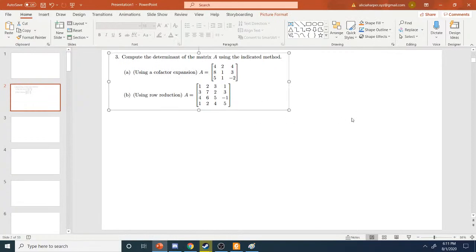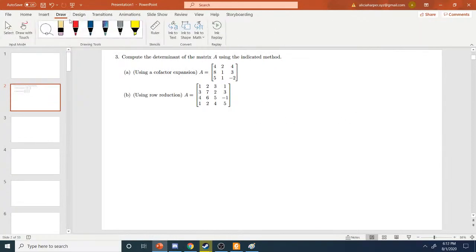Okay, so what we want to do is compute the determinant of the matrix A using row reduction. So the first thing we're going to do here is set row 2 to be equal to row 2 minus 3 times row 1.